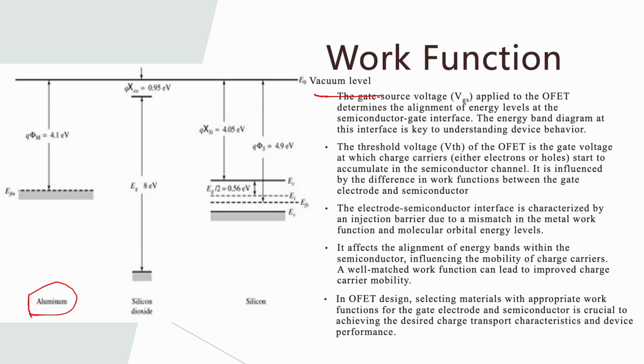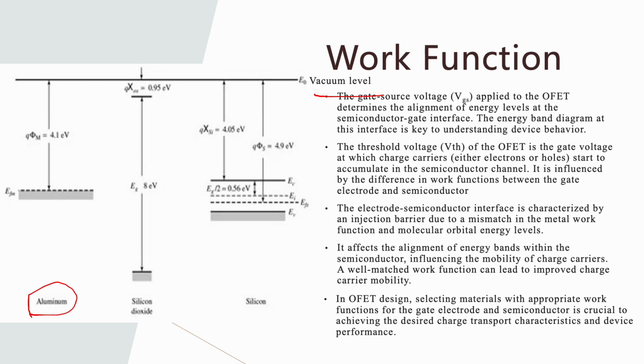Besides, the electrode semiconductor interface is characterized by an injection barrier due to a mismatch between the metal work function and the molecular orbital energy levels. So, work function has a strong relationship with the gate source voltage, threshold voltage, interface charge injection, and so on.